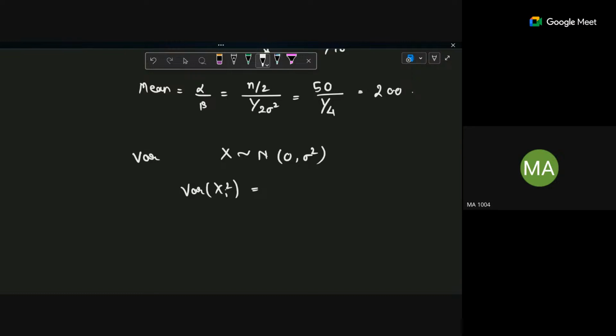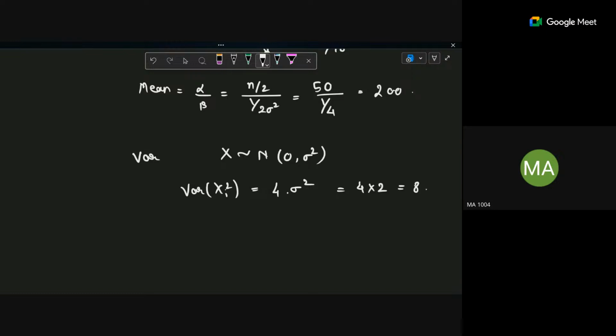This is 4 sigma square, and we get it as 8.